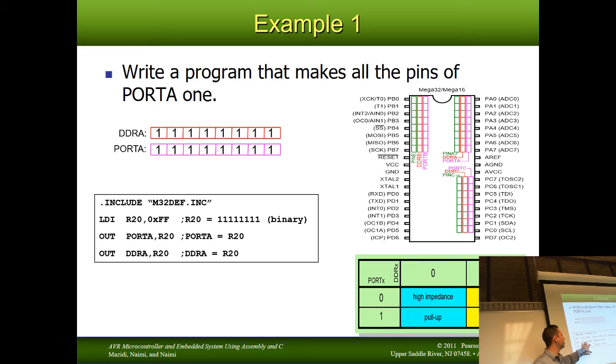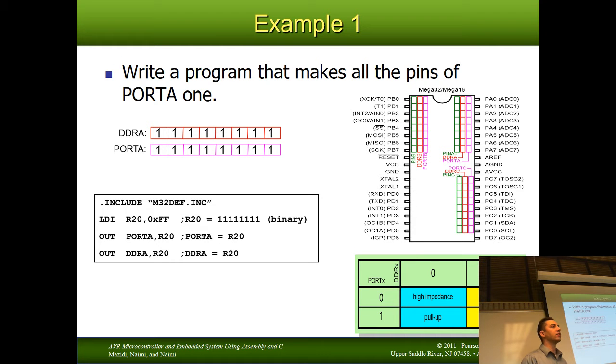STS cannot use these names, port A, DDRA, because those are designed to work with the out instruction. And in this case, since I'm loading the same value into both I/O locations, I only have to use register 20. I put R20 into port A and R20 into DDRA. Registers don't lose their value after you put them somewhere. They maintain their value.